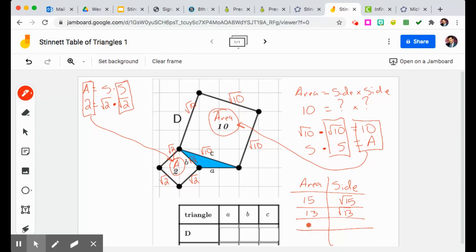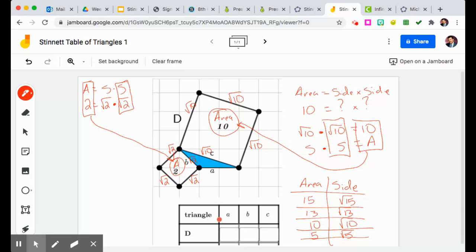If I have an area of 10, like I do here, my side length is the square root of 10. If I had an area of 5, my side length would be the square root of 5. So whenever you're given the area, if you take the square root of the area, it gives you the side length.